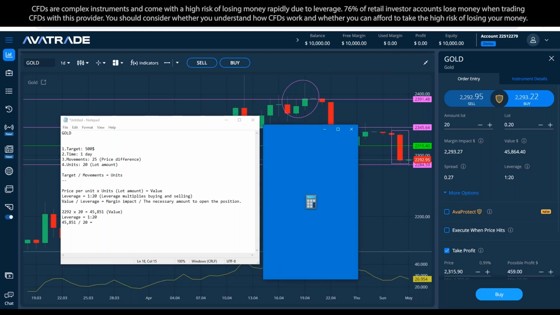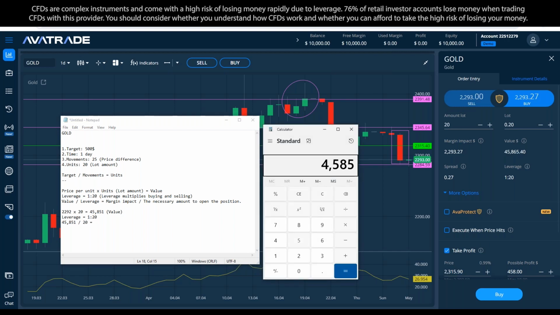equals, let's see together. It's already written here, right? But still we are going to do that together, my bad. And there you go.